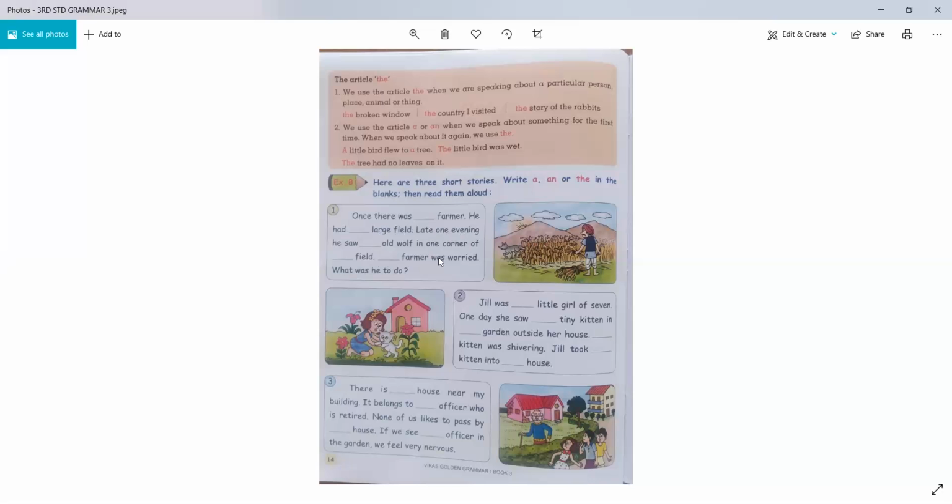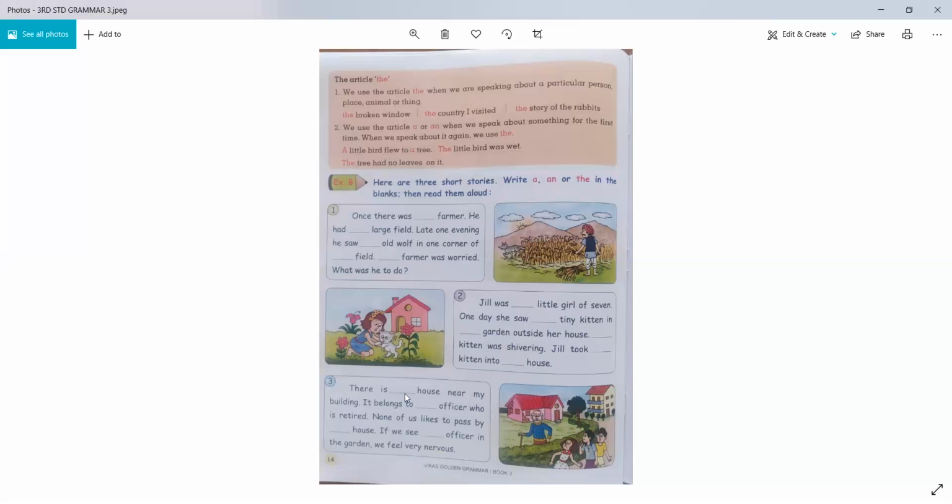The farmer was worried. What was he to do? Understood? Jill was a little girl of 7. One day, she saw a tiny kitten in the garden outside her house. The kitten was shivering. Jill took the kitten into the house.